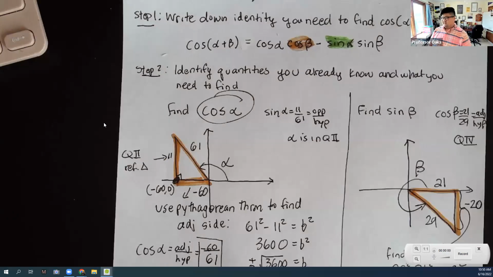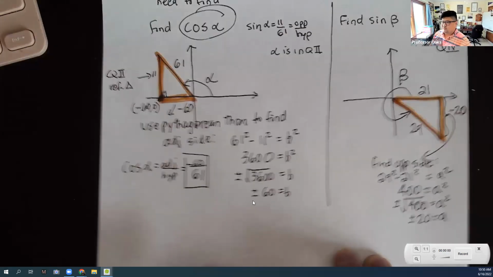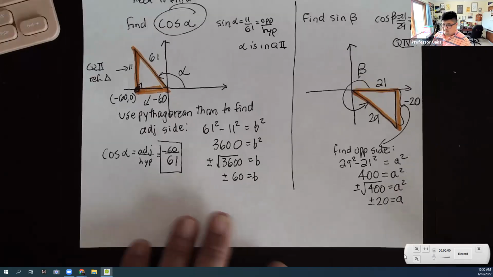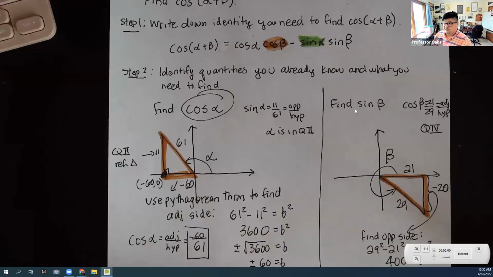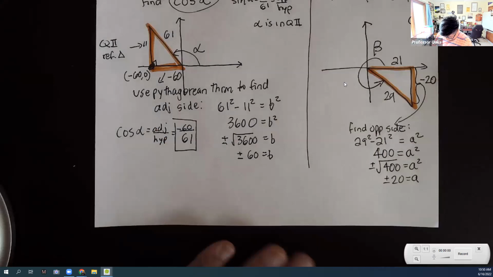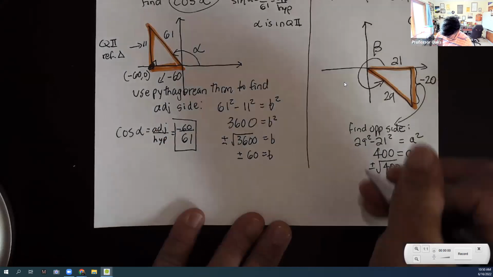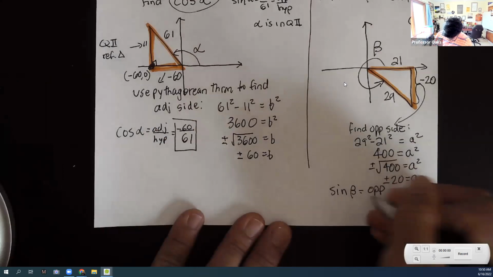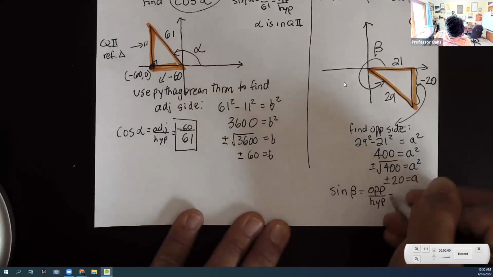Oh, sorry, you can't see that. I moved this up again and then it didn't work. I'm just going to zoom it out a little bit because it keeps doing that. That's better. So the sine of beta, because it's opposite over hypotenuse, is negative 20 over 29.